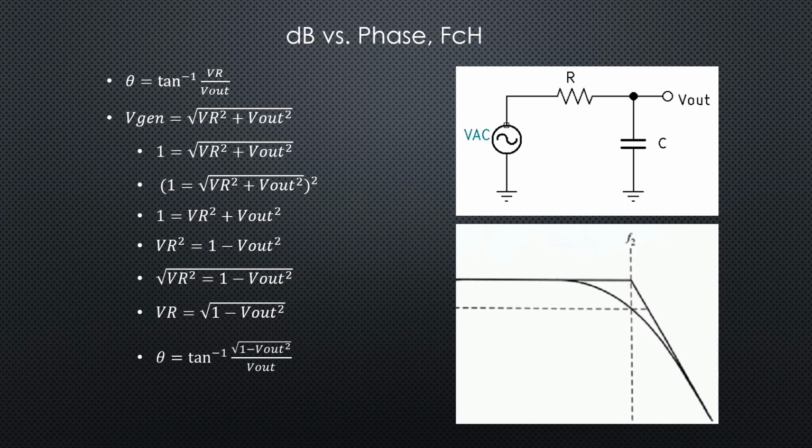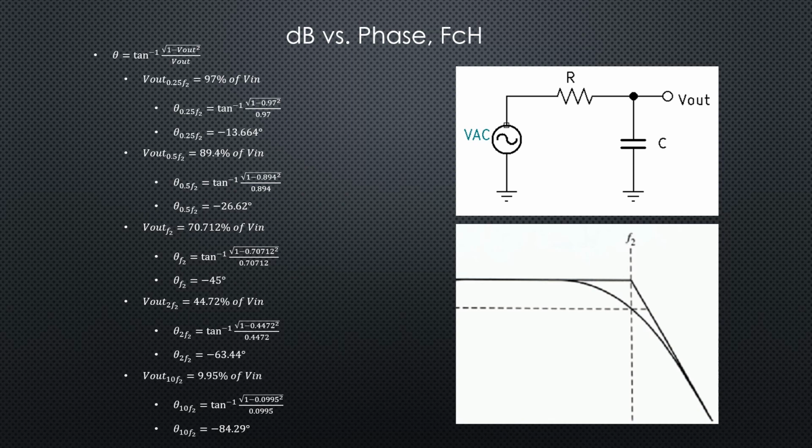Now, if we substitute that back into the original formula, where we've got the phase angle equal to arctan of VR divided by V out, we can substitute in the VR equation, and we get phase is equal to arctangent of the square root of 1 minus V out squared, divided by V out.